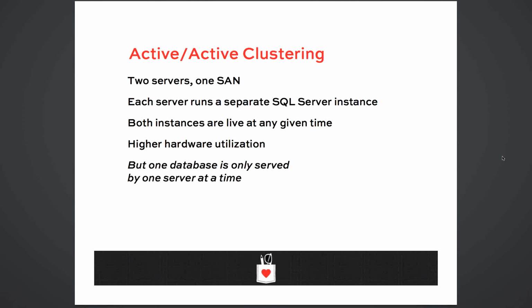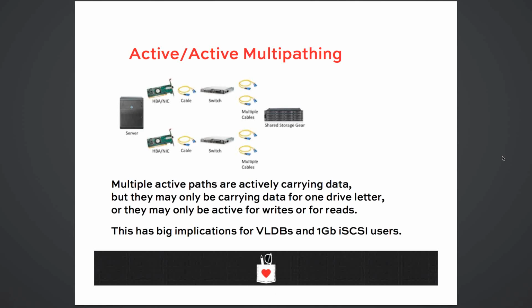Active-active multipathing means we might have different cables that are serving different purposes, like maybe one is serving my data file volumes and one is serving my log file volumes, or TempDB. What this means in another way of saying it is each path could carry data for a different drive letter, not necessarily reading across all of the paths at the same time.